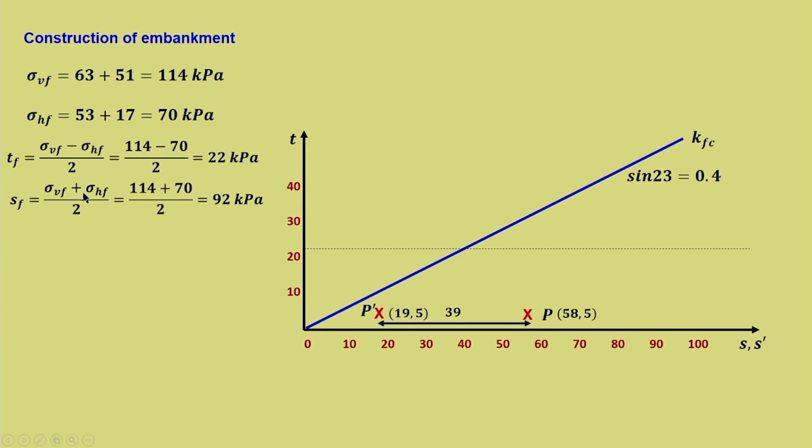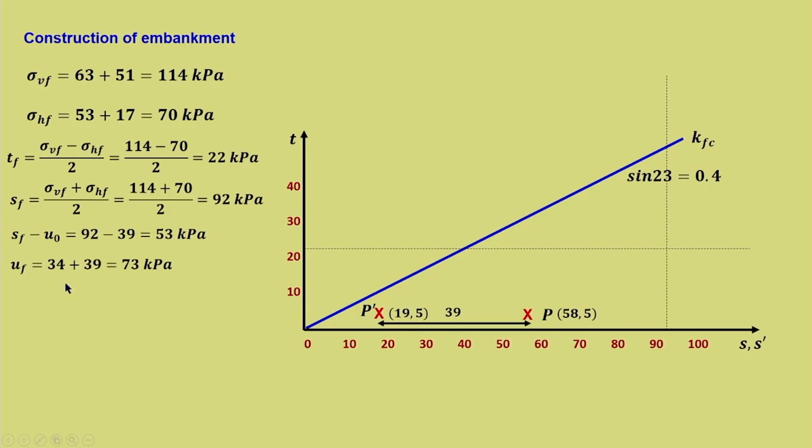Sf is equal to sigma Vf plus sigma Hf by 2, 114 plus 70 by 2, which is 92 kilopascal. So, somewhere here. I have drawn a vertical dashed line. Sf minus U naught, that is 92 minus 39, which is equal to 53 kilopascal.